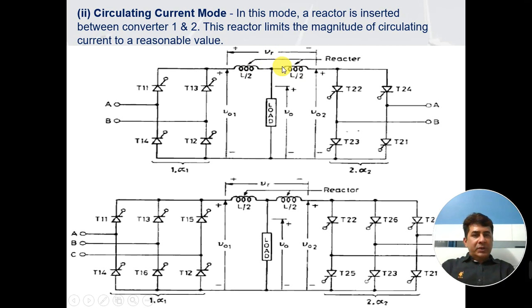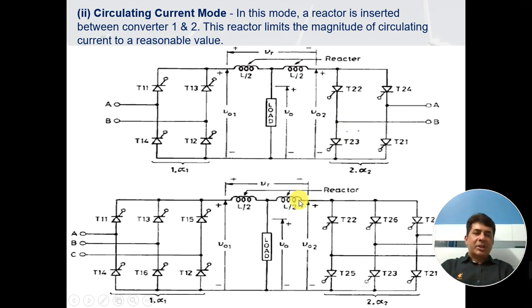So these two reactors are connected at the end of each converter, and the value of these two reactors is kept the same. Whenever the voltage difference occurs, these reactors come into play, and they manage and balance the current, so the circulating current between these two converters is avoided.